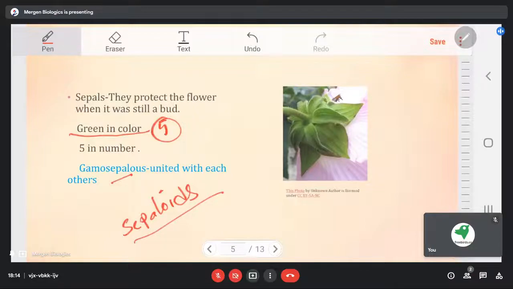In some flowers, we can see that sepals and petals are not distinguishable. In that case, they are known as tepals. Tepals are when we cannot distinguish between sepals and petals.